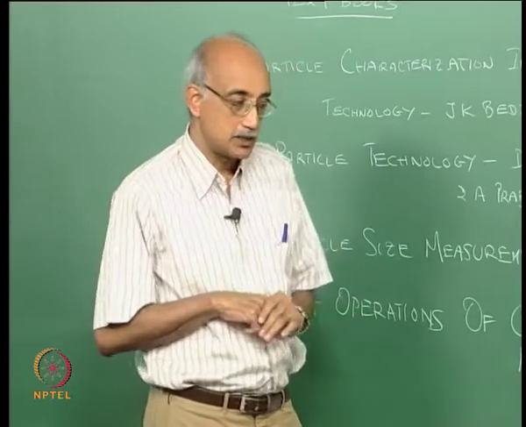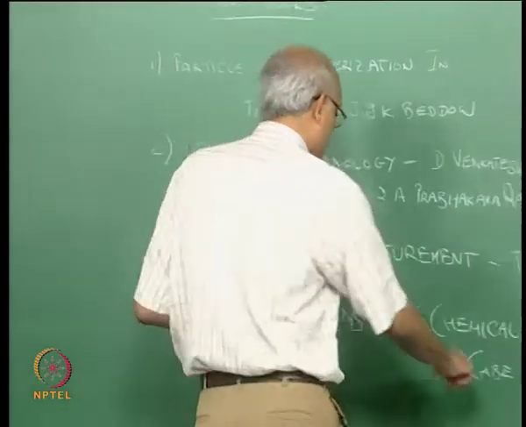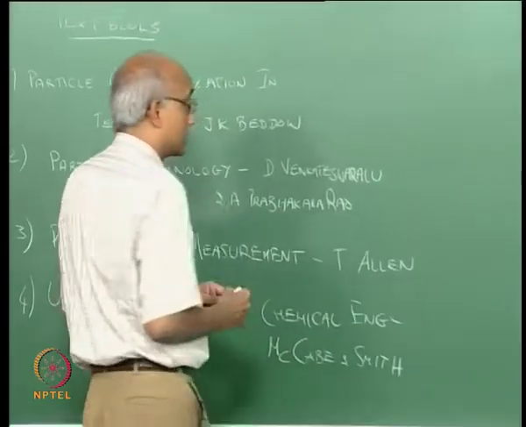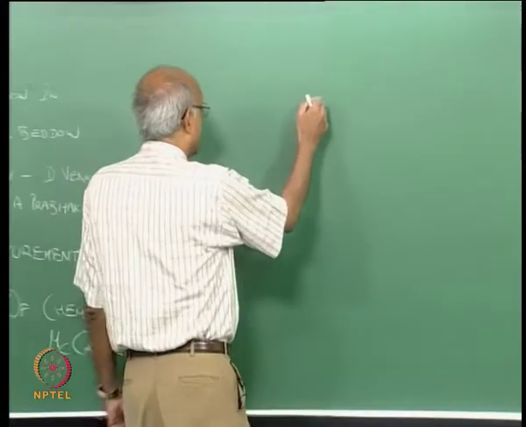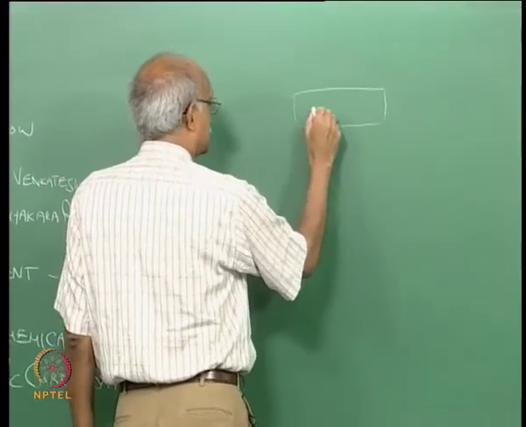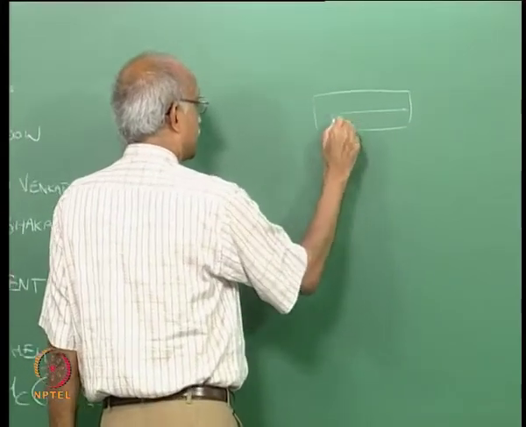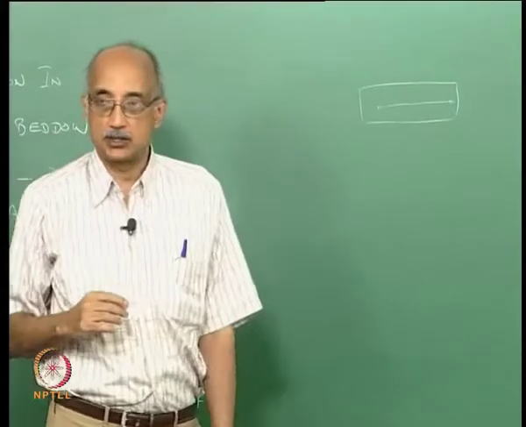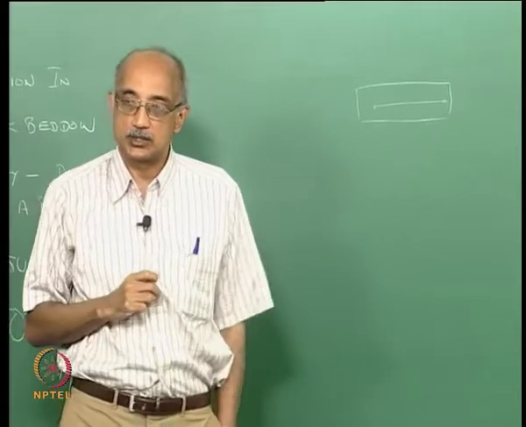Now, imagine that you have a conducting area. Let us say that you are supposed to have electrical conduction occur between these 2 points.